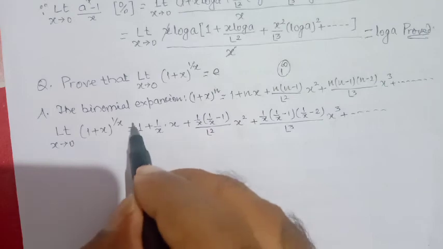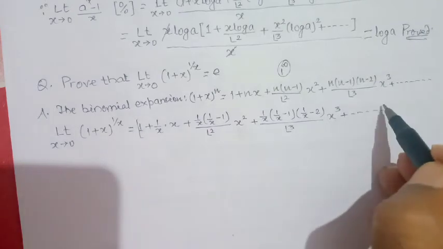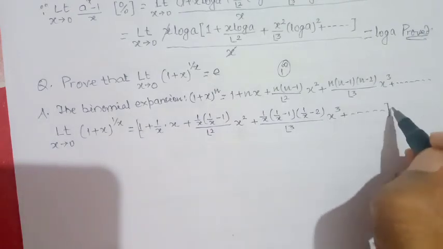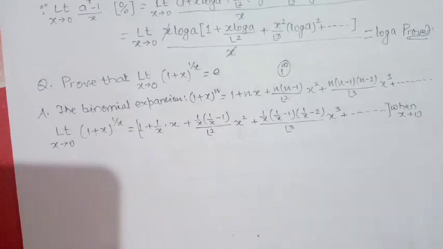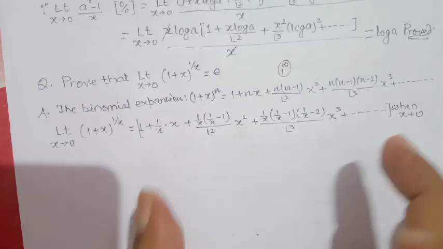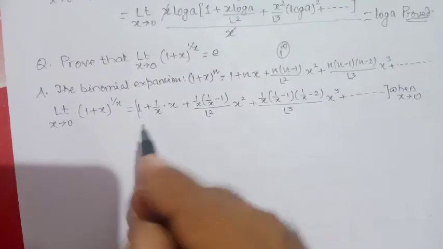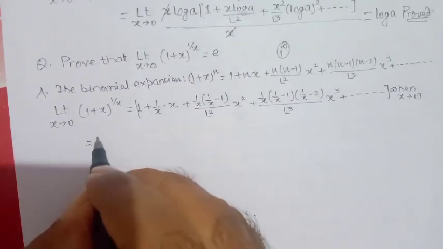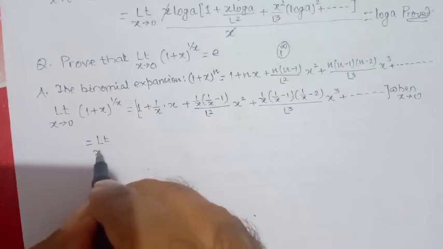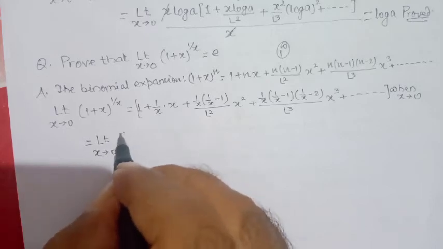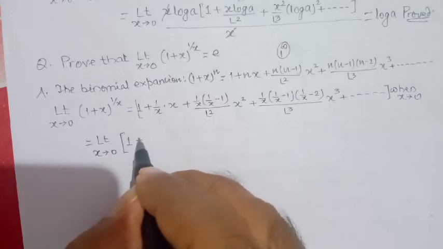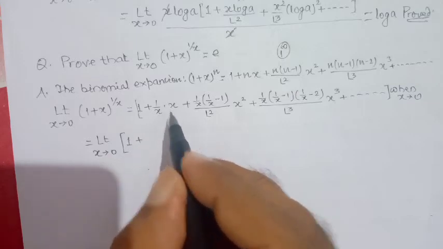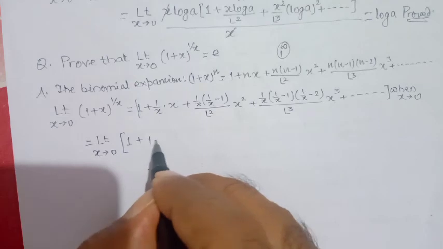And the whole limit, when x tends to 0, should now be written as limit x tends to 0. See the first one, 1. Here x and x should cancel, so this again becomes 1.